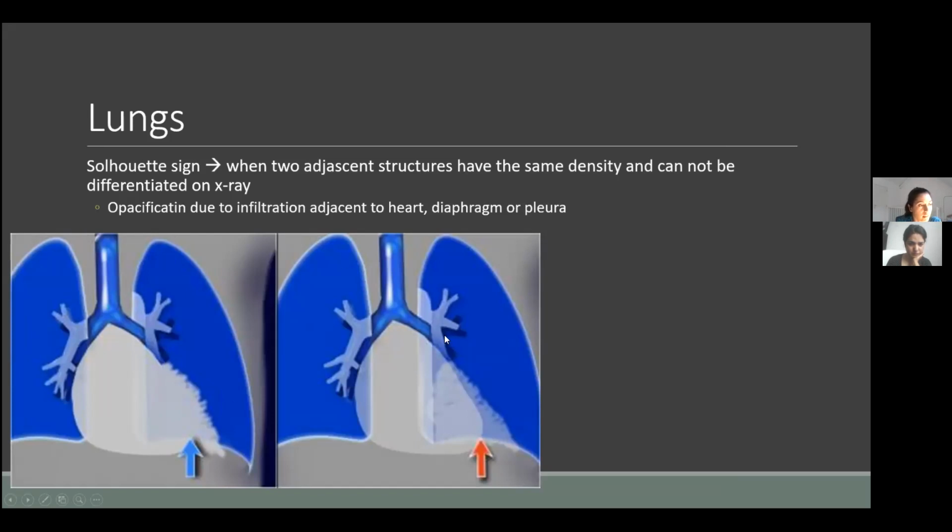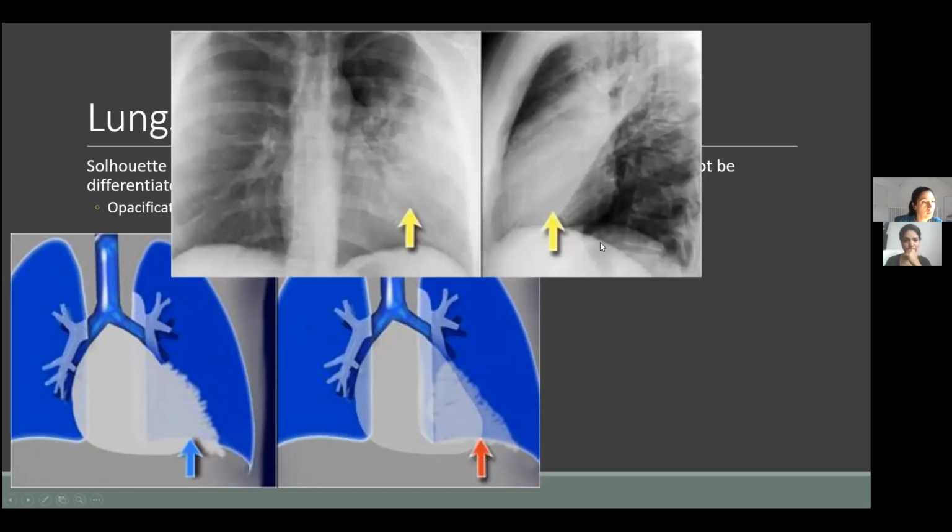As in the other case, where you are able to see the left border of the heart and still have a consolidation, you know that this is a consolidation in a part of the lung that is not adjacent to the heart border. So this might be in the left lower lobe.